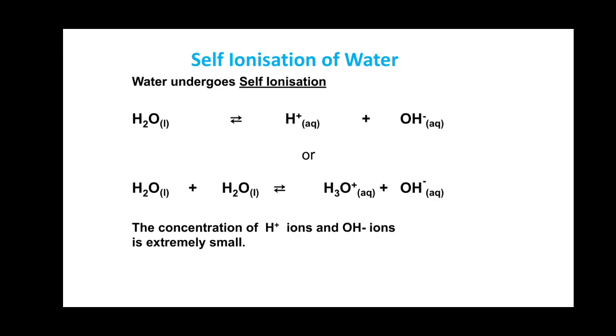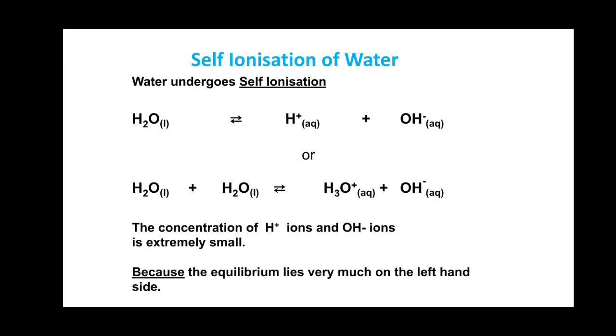In the equation we can see that H2O gives rise to H+ and OH-, or two molecules of H2O give H3O+, that is the hydronium ion, plus the OH- ion in aqueous solution. The concentrations of H+ and OH- ions are extremely small, so it shows the self-ionization property.